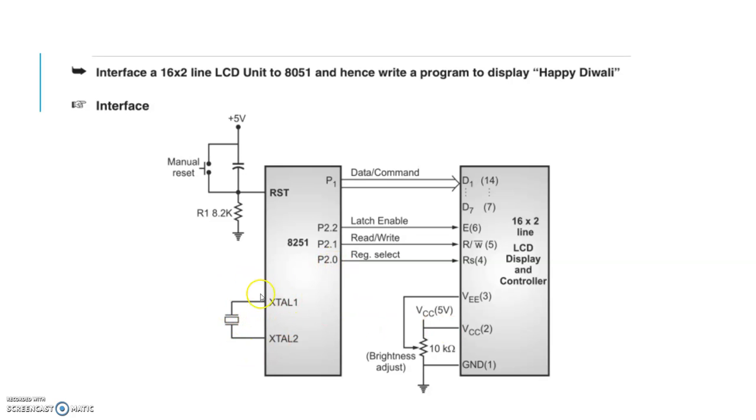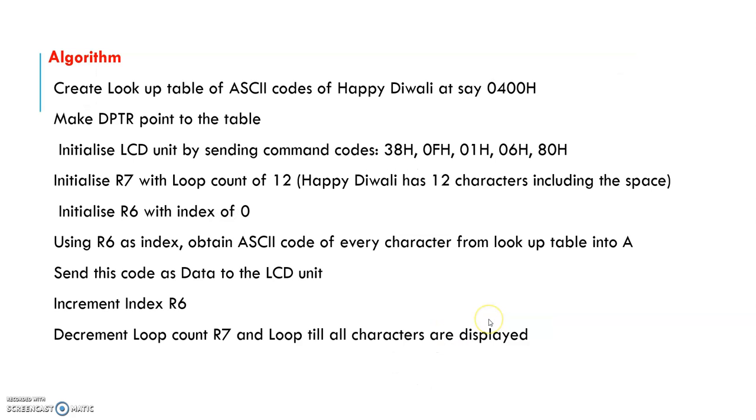And this is the internal crystal structure. This is the reset button. This connection is internally given, and here VCC, ground, and VEE are given. The brightness, that is, contrast adjustment, should be done at the VEE pin.